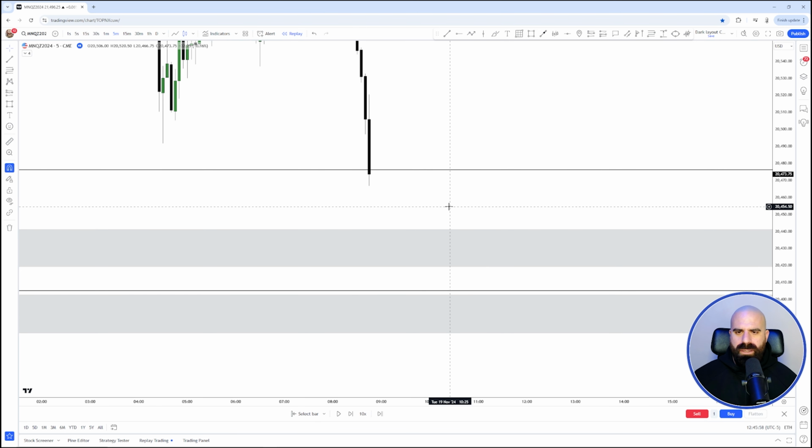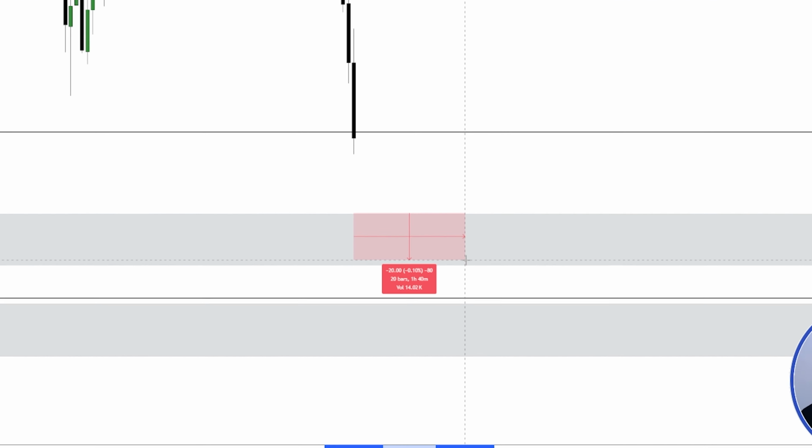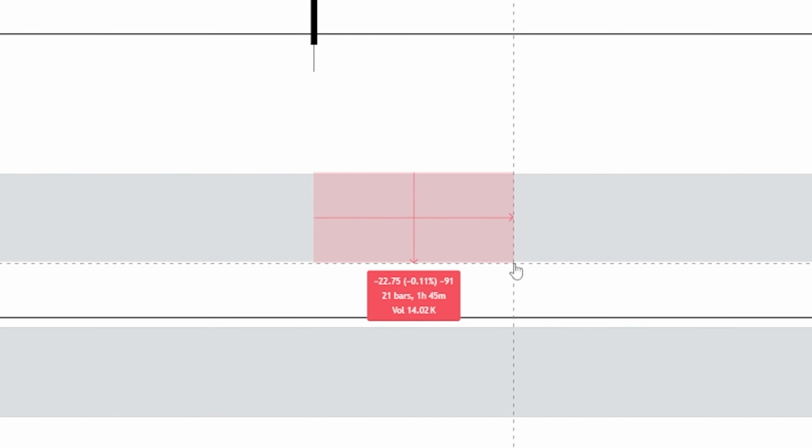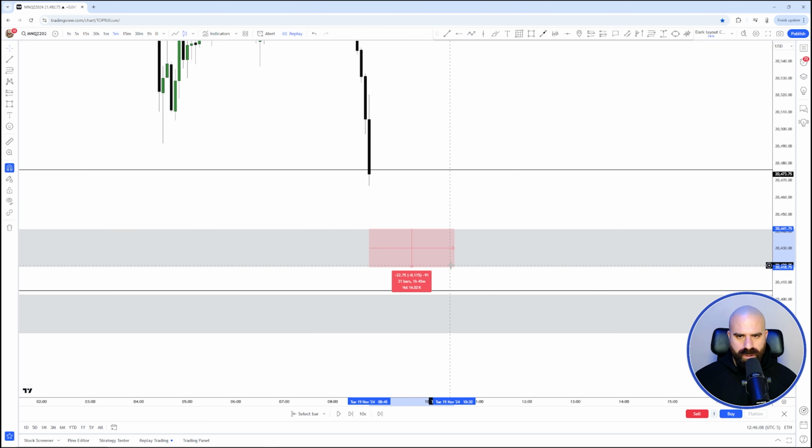What you will be doing in these occasions, you will be measuring your areas and you will be saying, I have an area right here of 91 ticks. Very good. I will be placing my trade, my first trade, because I have two areas of interest in this occasion.